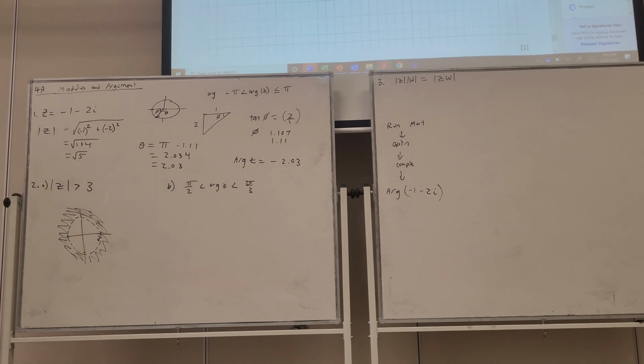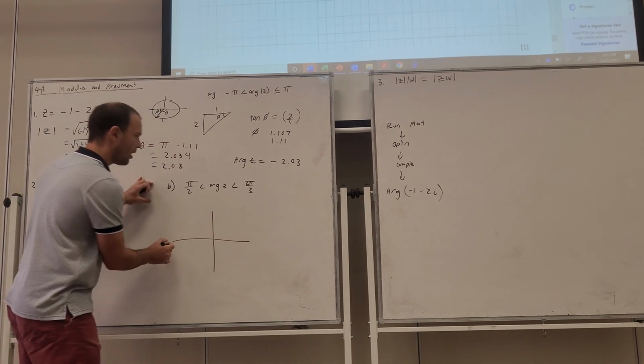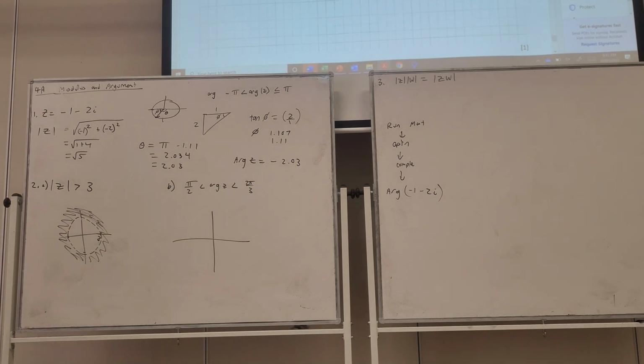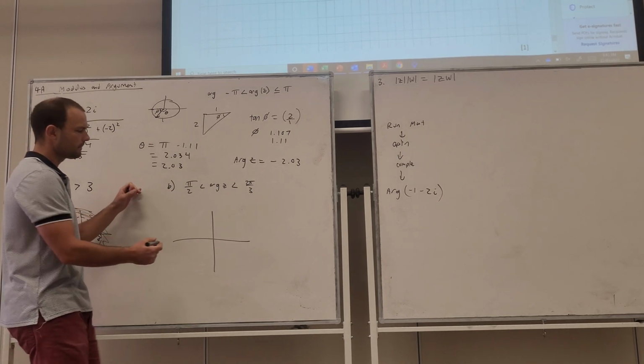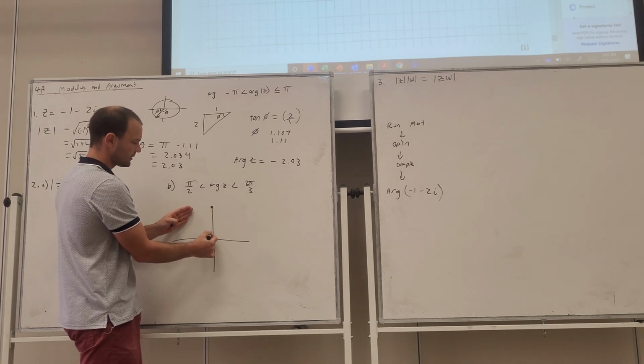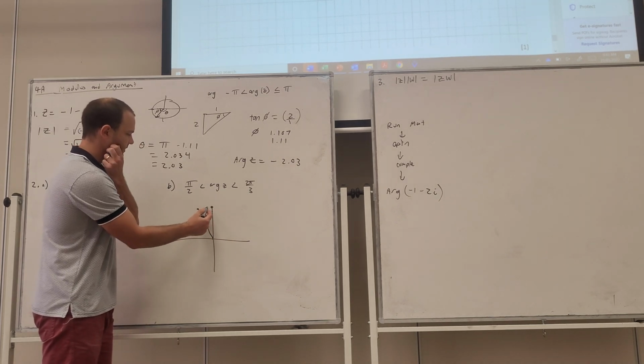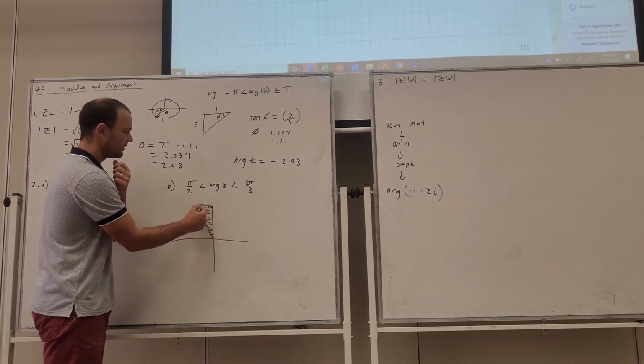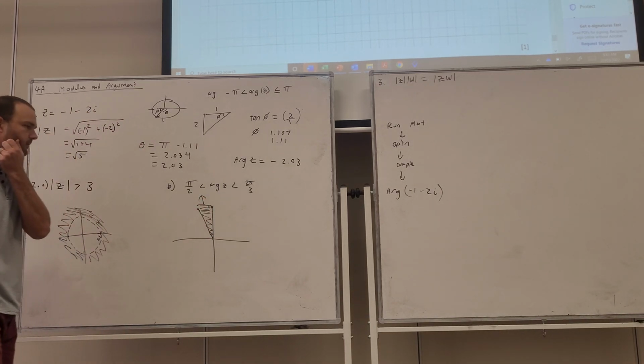In B, we're not defining the modulus, but we are defining an argument. It's between pi on 2 and 2 pi on 3. So you can use your unit circle to help you, but pi on 2 is straight up, and 2 pi on 3 is going to be this coordinate here. And so it's a ray that exists outwards in that direction for all values.